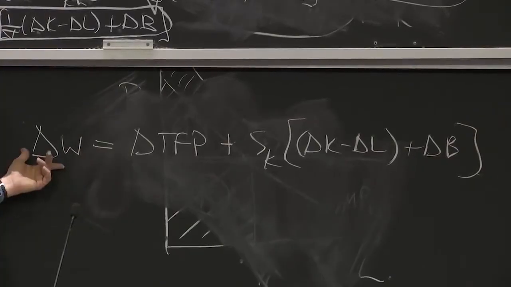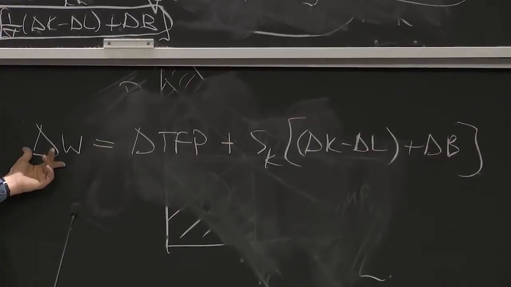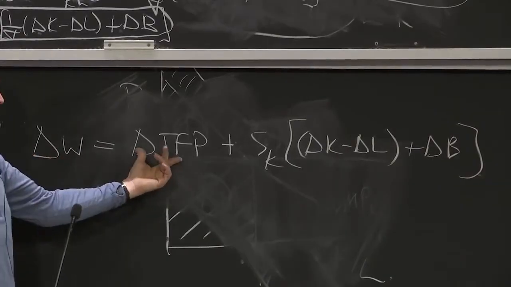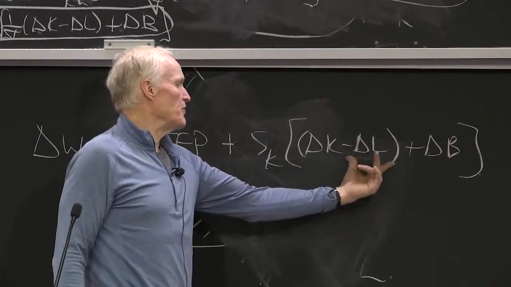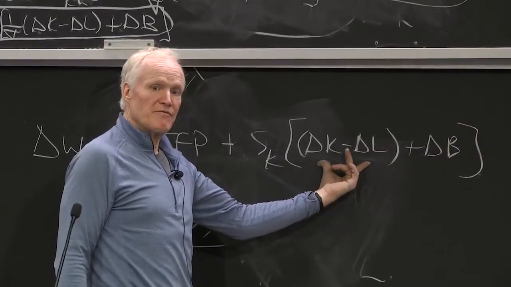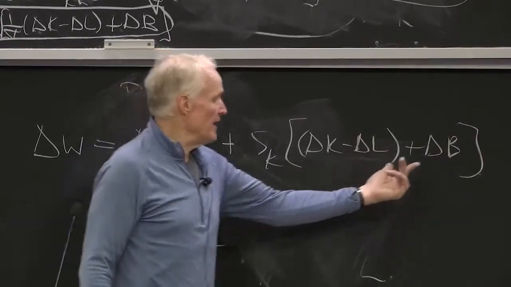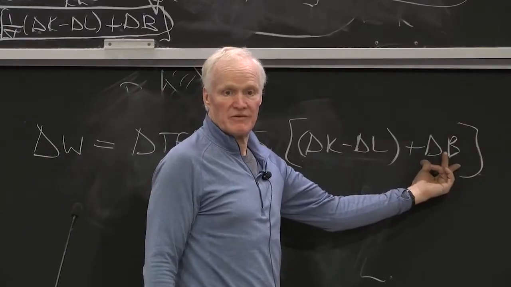So this is the growth in the real wage rate that we're going to see in the economy. This is the growth in TFP. And this is the growth of capital deepening that we had from our earlier formula. And then this is technological bias.